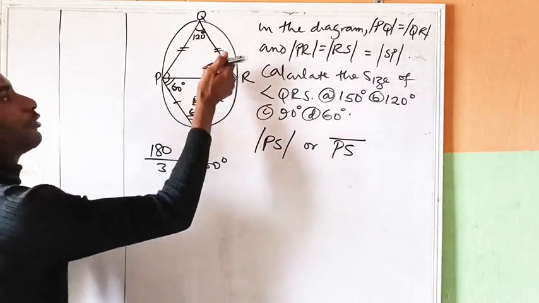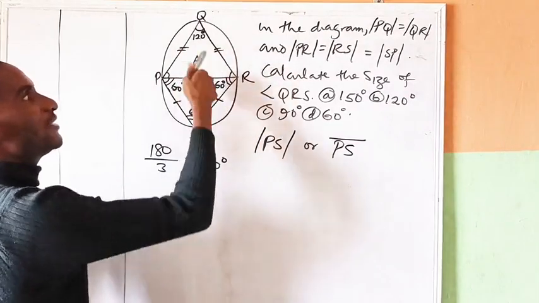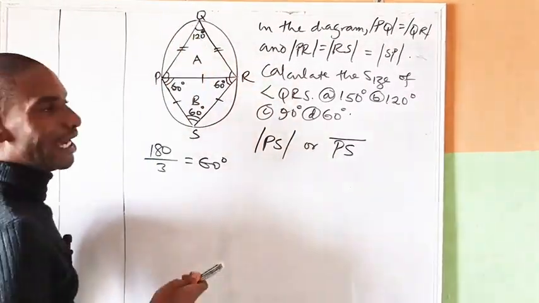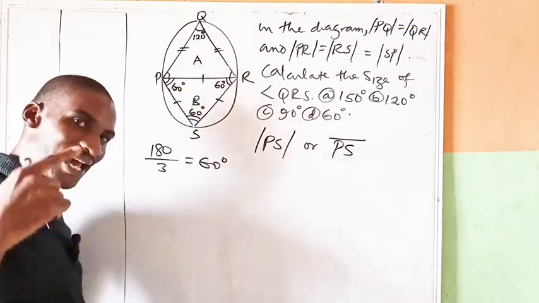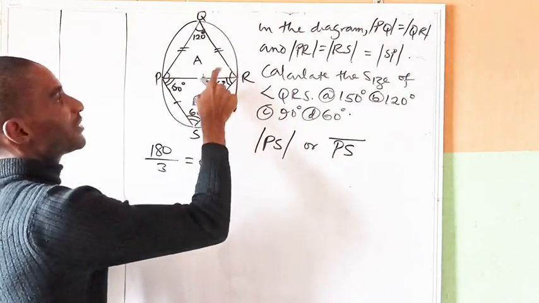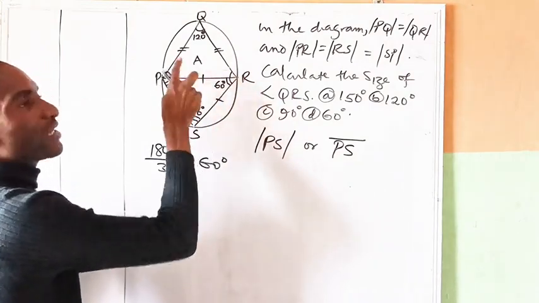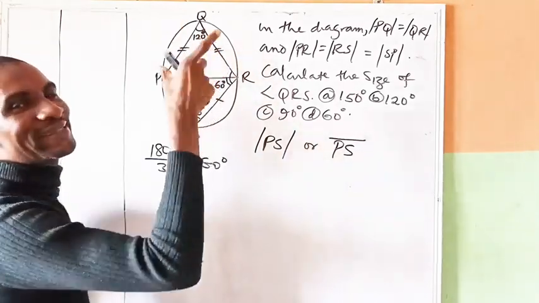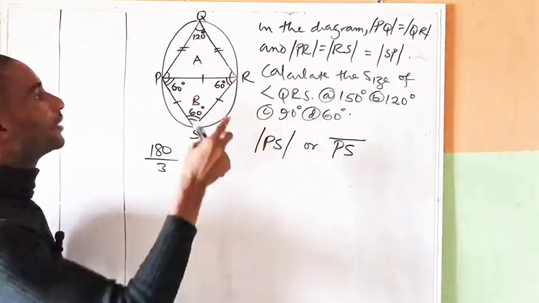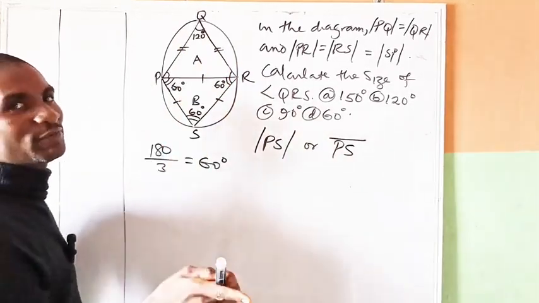And for us now, for this triangle A, since we already have one angle, and you remember we said these two sides are equal because it's an isosceles triangle, the two base angles are equal. So what will be the two base angles? Very simple. All you need to do is remove 120 from 180. You'll be left with 60, and you're going to divide that 60 by 2.